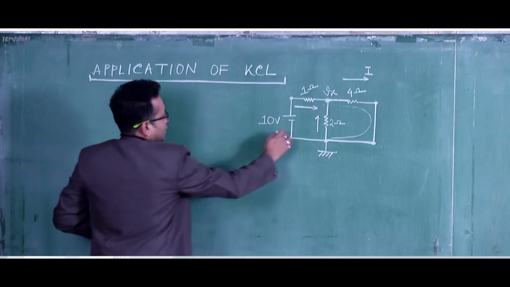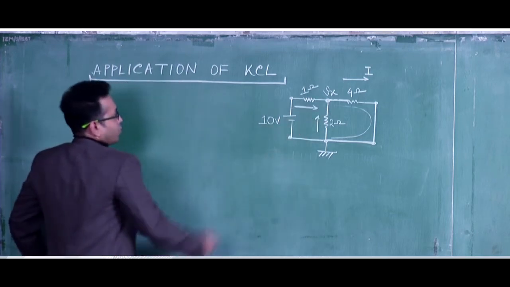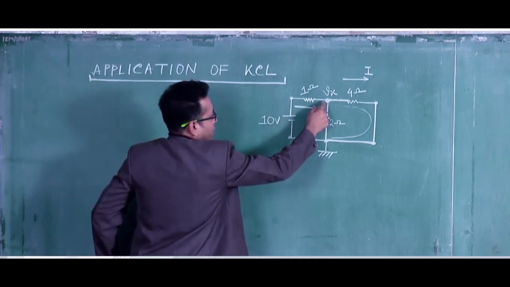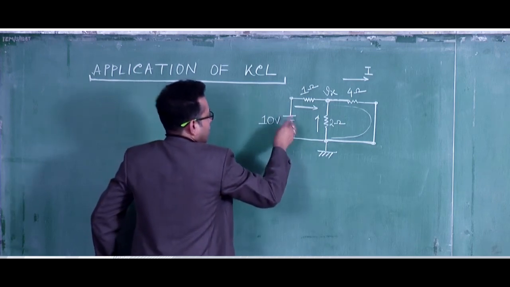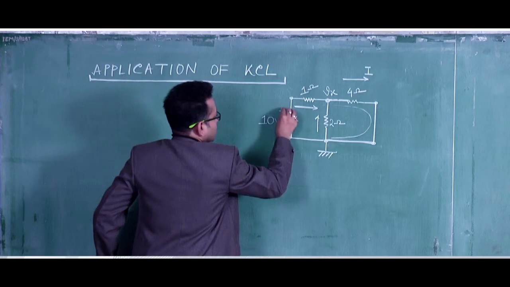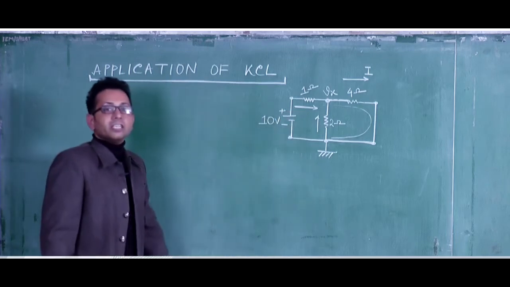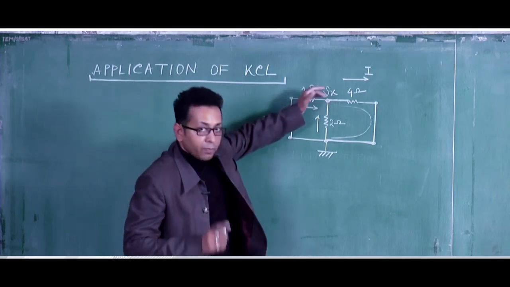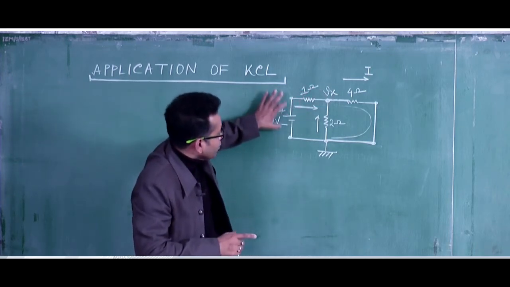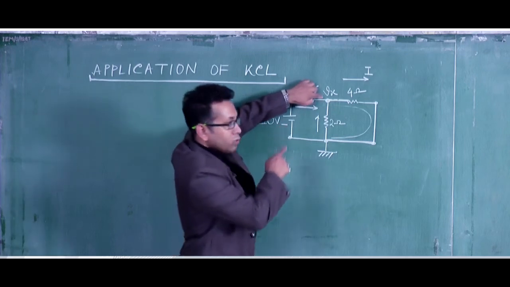So, what is the potential difference for this branch? Here it is Vx, and for this branch here it is 0 and here it is plus 10 volt. So, the potential difference will be 10 volt minus Vx. As we have considered the current as entering, that means the current should be generated from this branch and enter Vx.